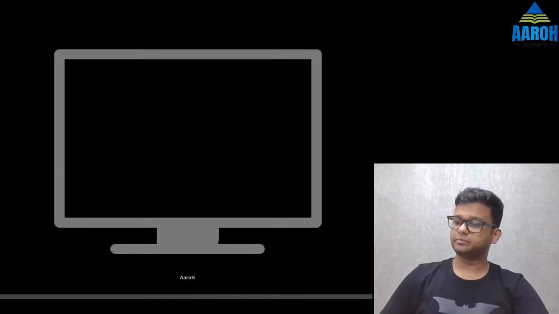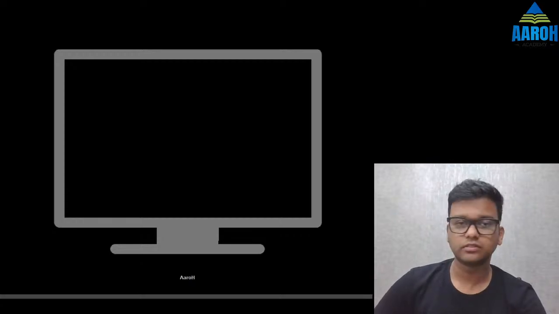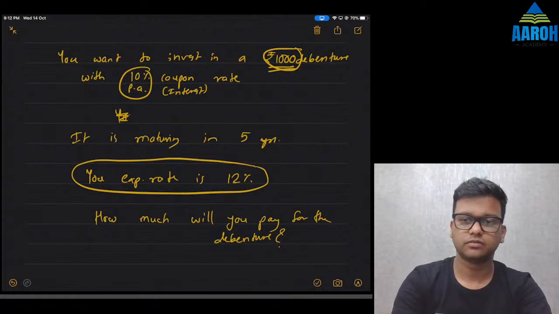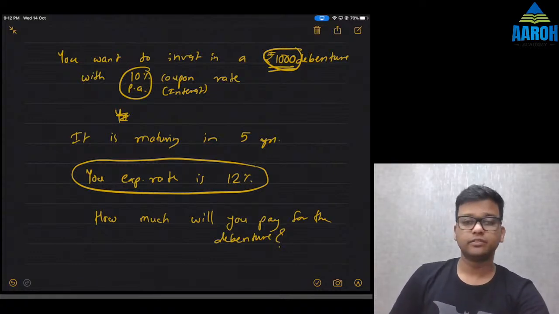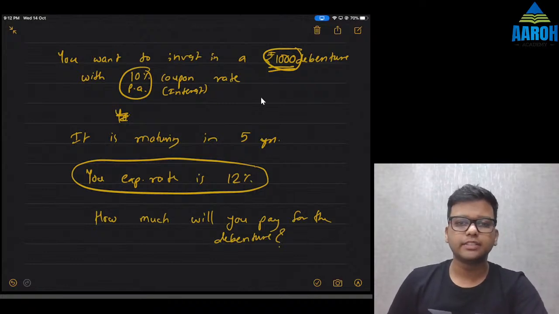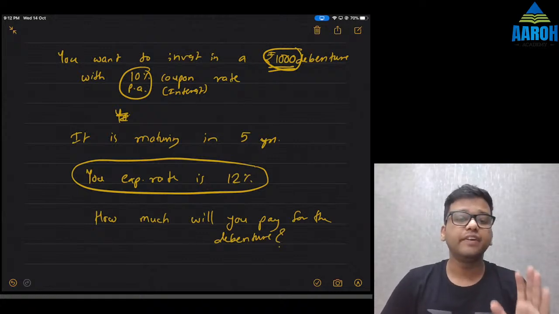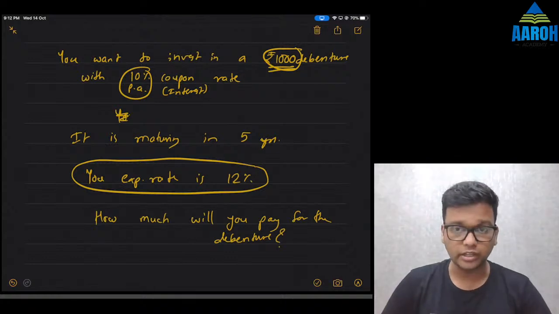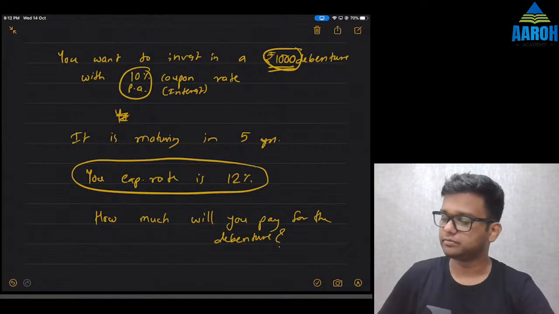Fine. Tell me, are you able to see the screen also? Good. Fine. So I guess the screen is also visible now. I am also visible, so I'll continue. If it still lags, let me know, because I have connected from mobile hotspot. There are chances that it will lag. If it does, let me know.